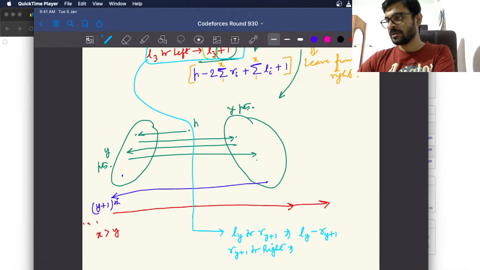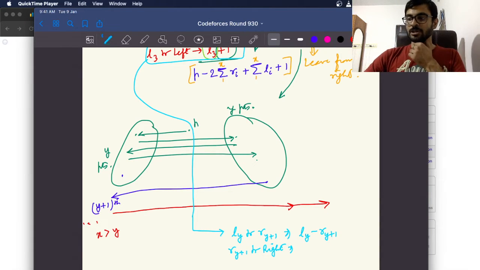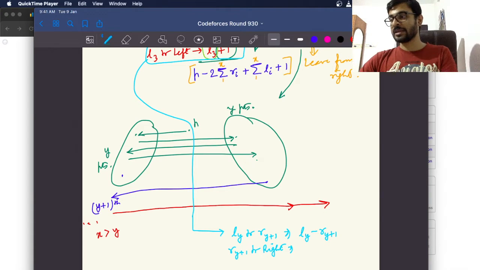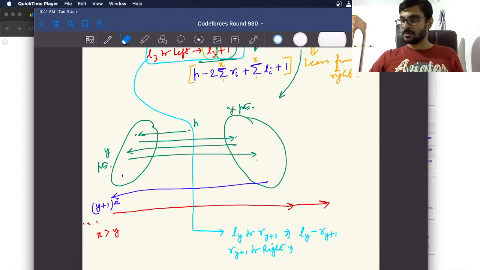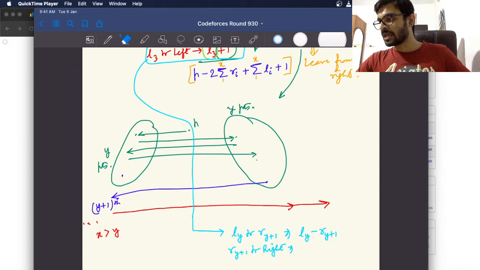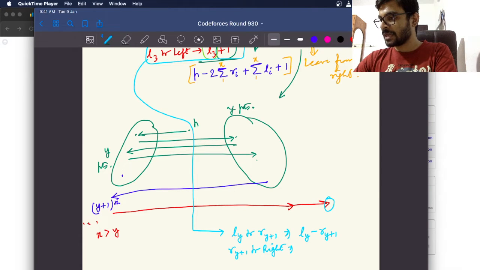This will basically be how many? Instead of L3 plus 1 which we saw there, it will be from the right end. Right end means the last element is n minus 1.